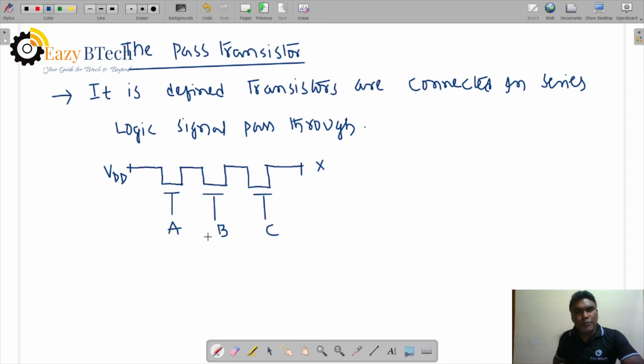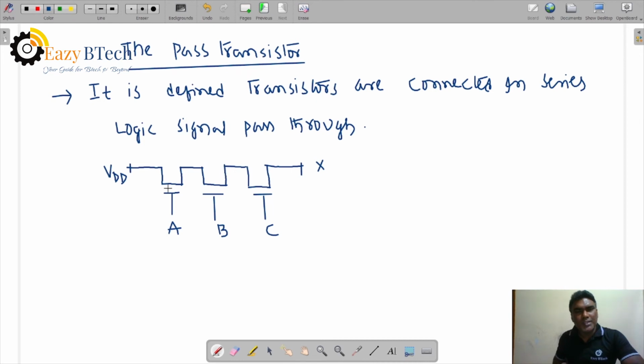When the gate voltage you are applying, so like a relay switch. A relay switch is a switch where we can open and close the signal pass through this. So it is a gate voltage here opening and closing, the signal passing through this. If the transistors are connected in series, it is called as a pass transistor.